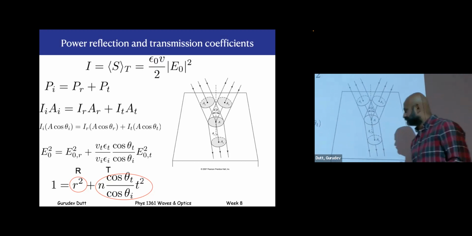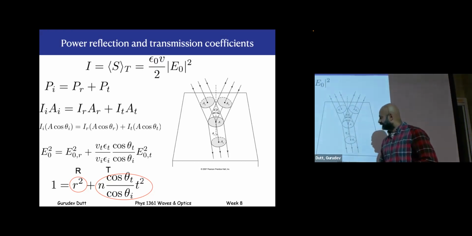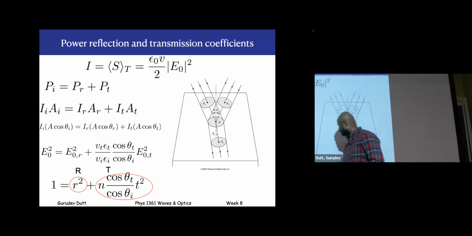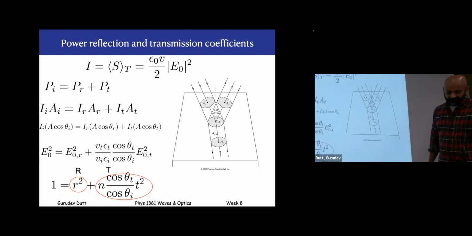So this is the true relationship between the reflection coefficient and the transmission coefficient, and the Fresnel reflection and the Fresnel transmission coefficients, between the power and the amplitude coefficients.